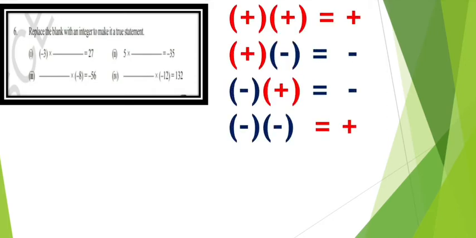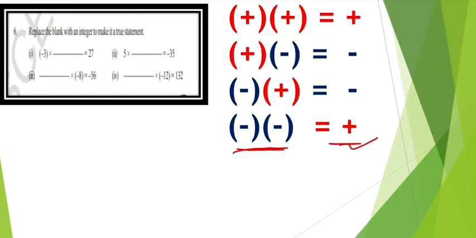You have to do these problems on your own, and while doing them keep in mind that plus into plus gives plus, so when you are getting a positive integer as the result, the two integers must be positive, or you can get minus into minus also plus.